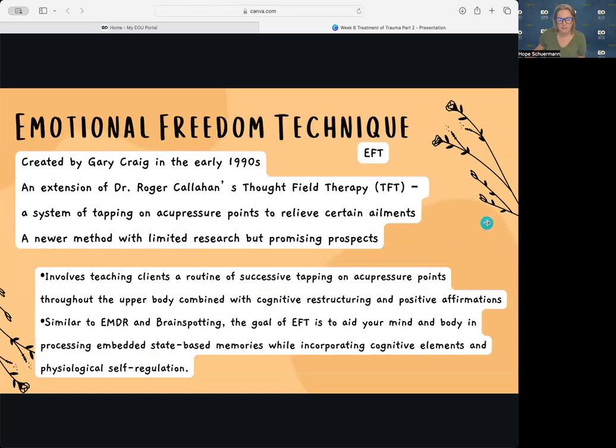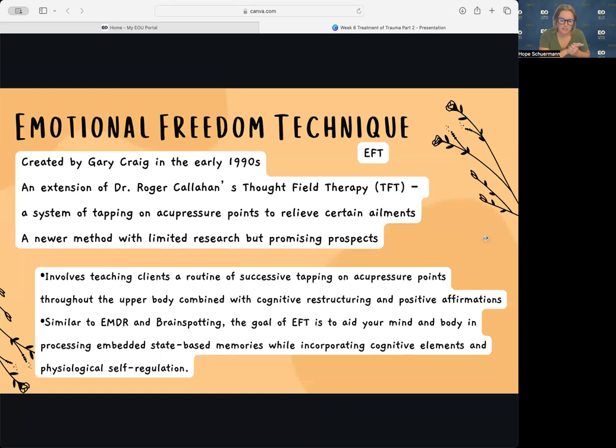And then next we have EFT, or the emotional freedom technique, which may also be called tapping. And this is actually a pretty simple way, compared to the other techniques that we've talked about, for you to incorporate some advanced body work in your systems. EFT doesn't have a ton of research behind it, but there are some promising studies out there.